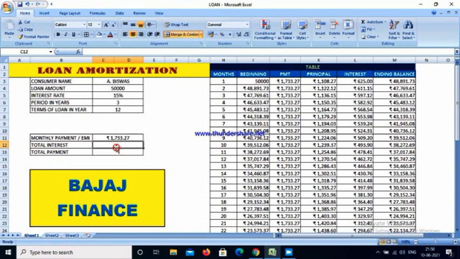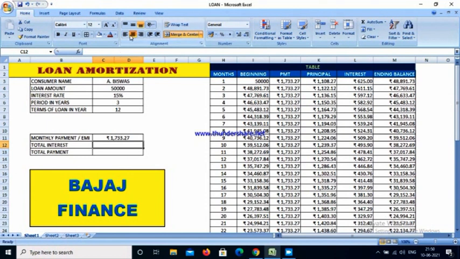Clear? Now total interest. How to find out the total interest? It is the logic, students. First, how much amount do you have to pay after ending or closing the last installment of EMI?